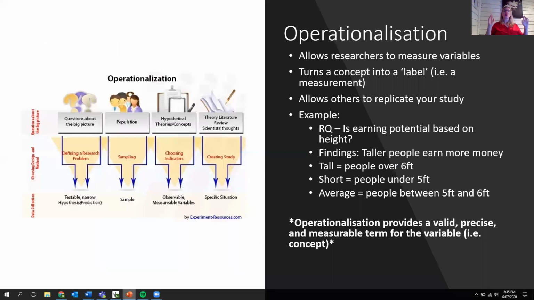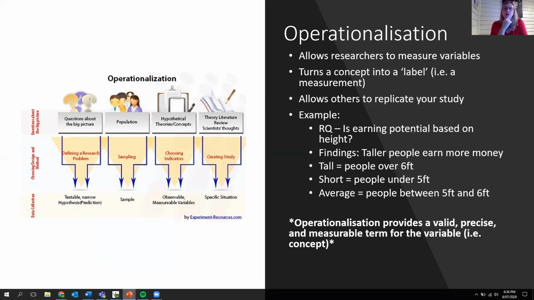Now, this allows us to measure variables. So even though in our heads we think we know what we're talking about, when it comes to doing a research study, we have to be super specific so that everybody else that reads it could possibly replicate it or could compare their study to ours and go, oh my gosh, we totally found similar results. Okay?